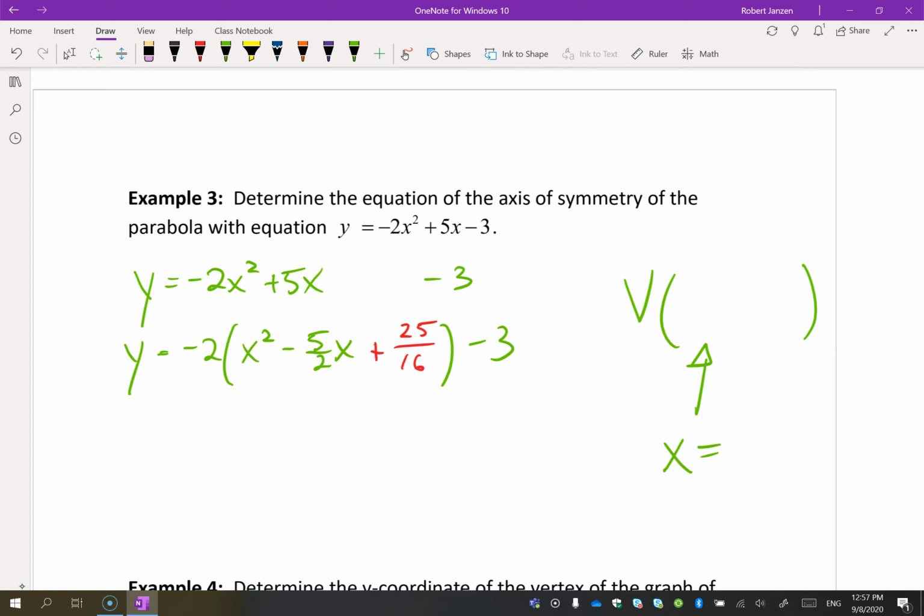Now, what do I put here? Well, negative 2 times 25 over 16. This is negative 50 over 16. So I have to add 50 over 16 to compensate.